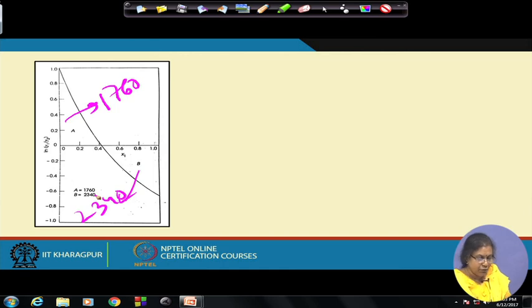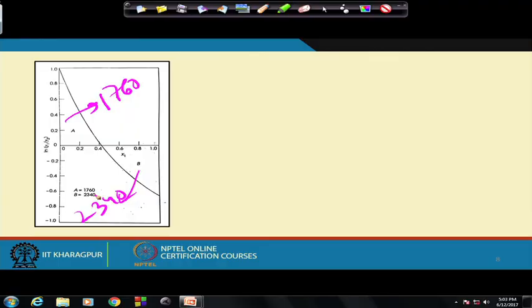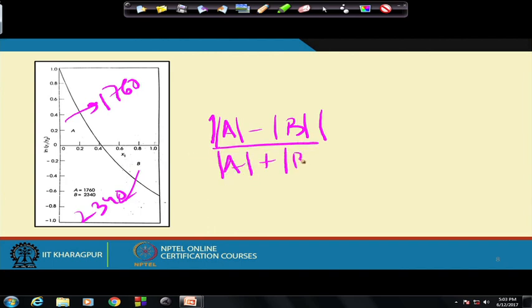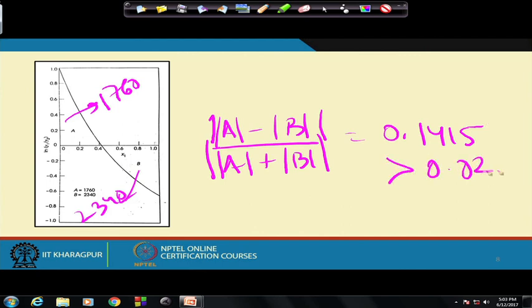So, therefore, if you subject it to the criteria that we had, that area above x minus area below x divided by the total area, then we find that in this particular case your a minus b by a plus b gives you 0.1415, which is definitely greater than 0.02.